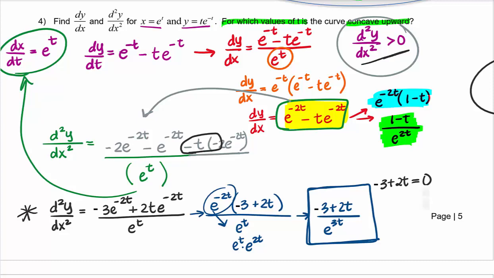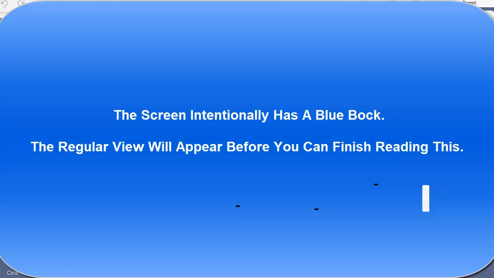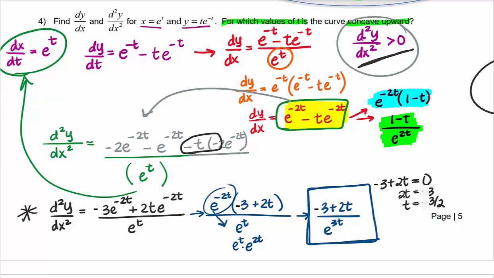So I can subtract 3 and divide by 2, the t value, right, which is going to make that second derivative equal to 0, and that t value is 3/2. That's where my second derivative is equal to 0.